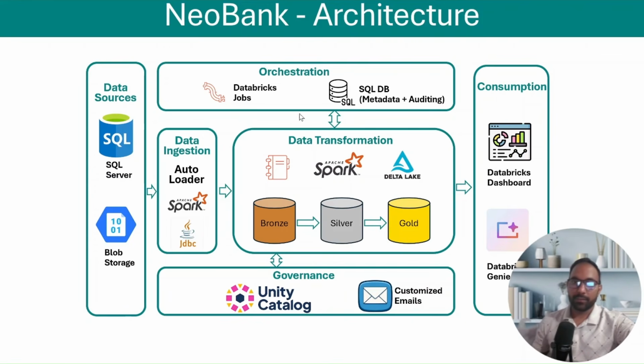And this entire thing we orchestrated using our Databricks jobs. And we created our metadata DB as well, where we had the driving metadata and the audit information with all the runs. And to govern this part, we used Unity Catalog, where we created all our tables, jobs, everything. And we send customized emails as well. And to consume our data, we built a really nice Databricks dashboard and a Genie workspace. So that concludes the project overall.